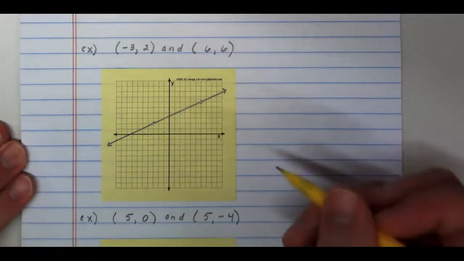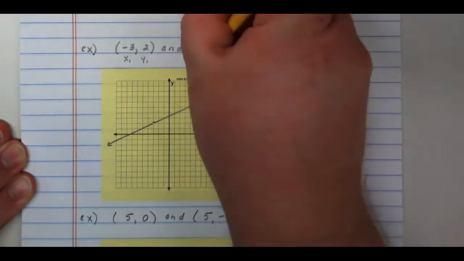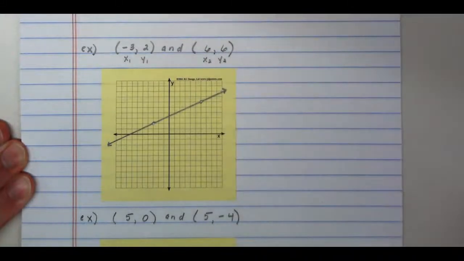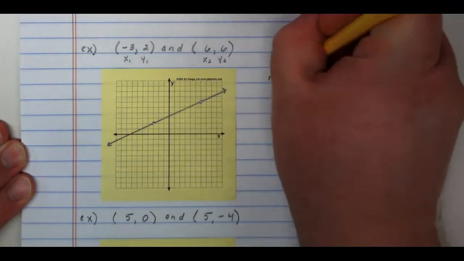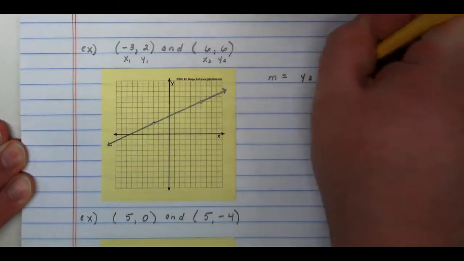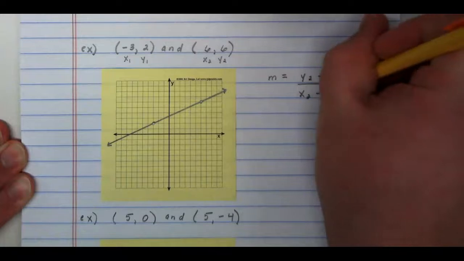So what we're going to do is label our coordinates, and this is important. We'll label the first one x1, y1, and the second one x2, y2. Then we're going to write our slope formula. M equals y2 minus y1 over x2 minus x1.